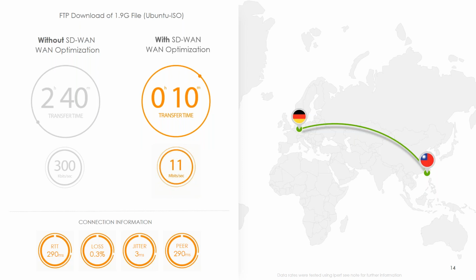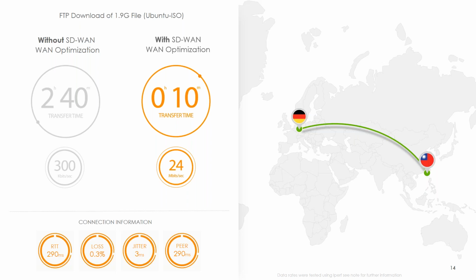To show you this, we did an example, and we transferred a 1.9 gig file from Germany to our headquarters in Taiwan. And in the standard VPN connection, it took 2 hours and 40 minutes to move that file from one office to another.